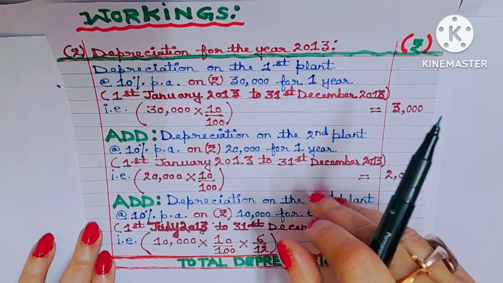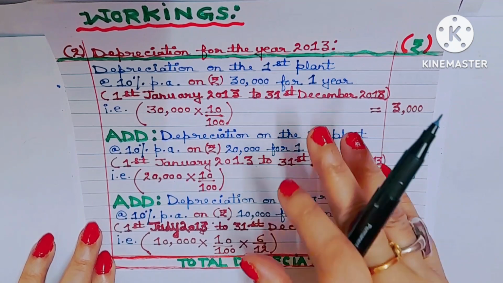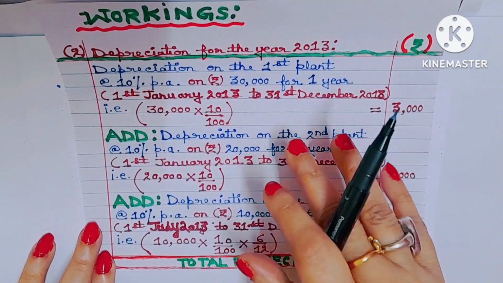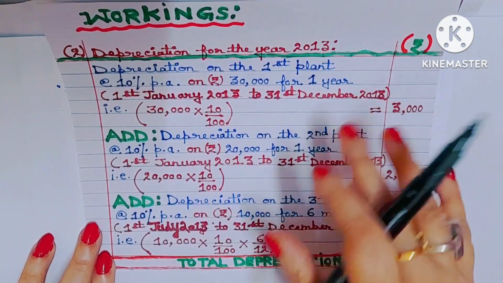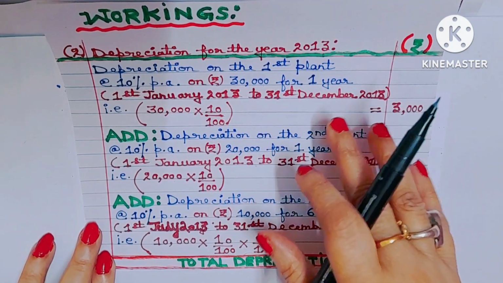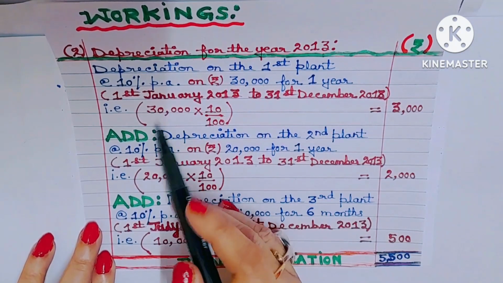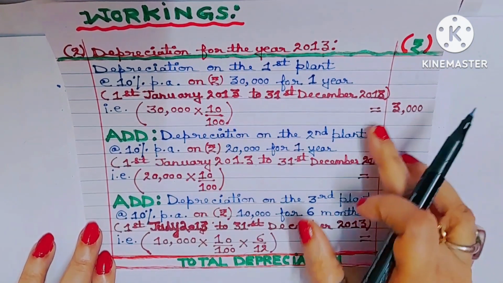Okay? But in the year 2013, from the very first day, that is 1st January 2013, the first plant is in the business. That is the reason we are charging depreciation on the first plant for whole year. That is 12 months. Understood? So 30,000 into 10 by 100 will give you 3,000.